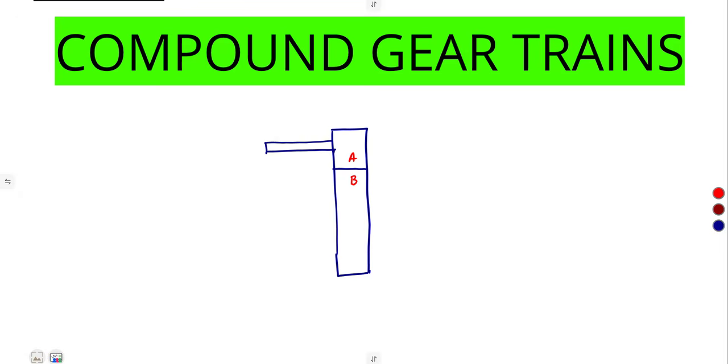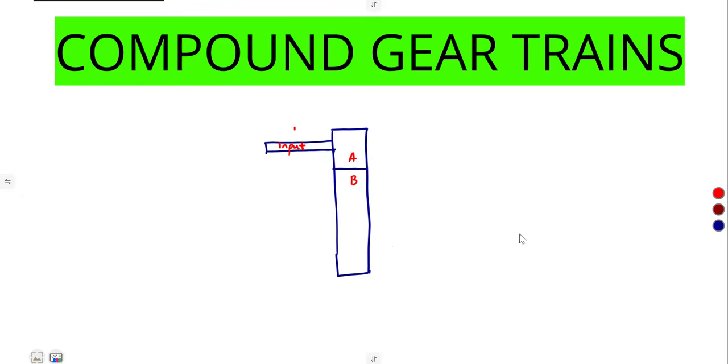That is what we had. And B would be connected to the output. But in our case, that's not so. B will be connected to gear C. So it's A driving B, then B will be affecting C through the intermediate.